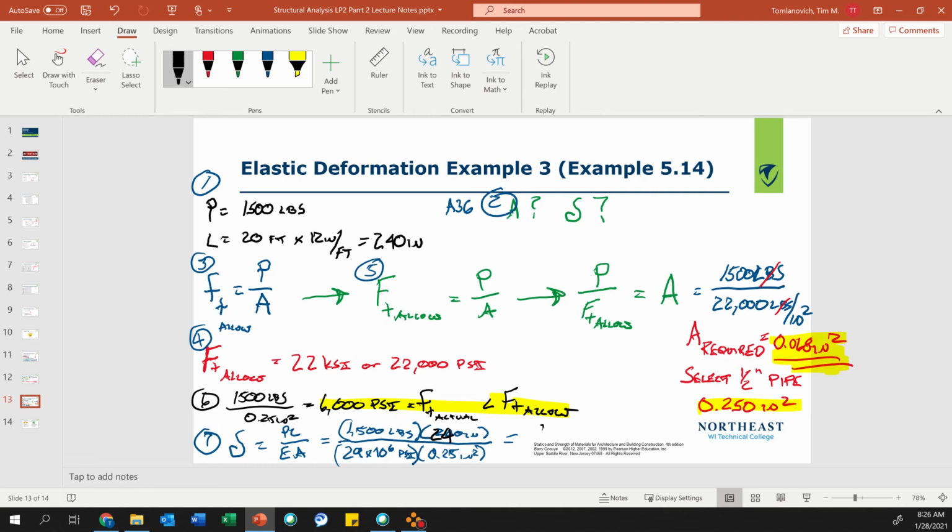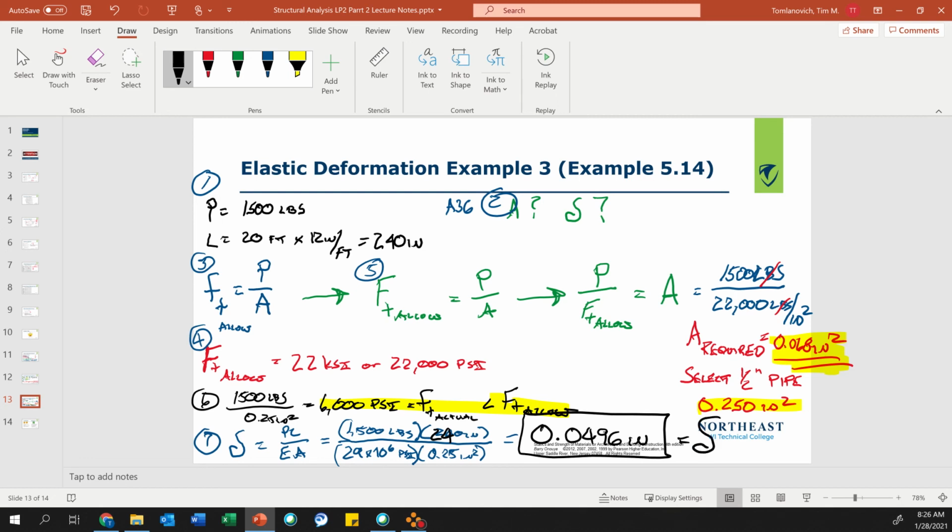I get 0.0496 inches times 16. So 0.49 times 16, I get about a 16th of an inch, less than a 16th. So that's how much deflection I get.